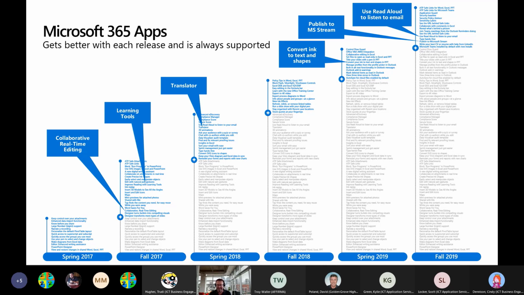Learning Tools 2017, you wouldn't have those if you'd installed Office Pro Plus 2016. So I guess this is us imploring you to make sure that when you roll out Office in your school, it's not 2016, it's not 2019, it's the Microsoft 365 apps version of Office. Otherwise, there will be things that are missing that your teachers and leadership are going to come back asking for.